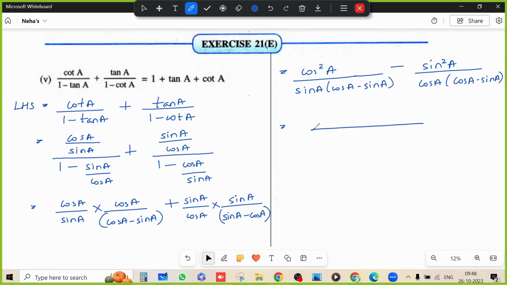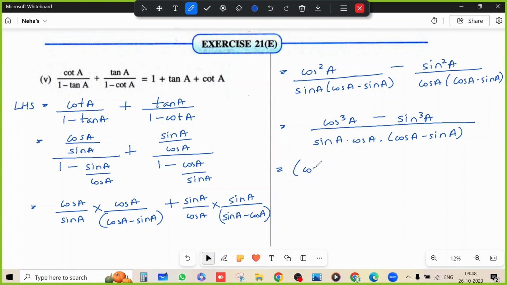Now we will find the LCM. So it will be sin A into cos A into (cos A minus sin A), and the numerator here will get multiplied with this cos A, so it will become cos cube A. Similarly, the numerator here will get multiplied with this sin A, so it will become sin cube A. Now this is A cube minus B cube, so we will apply the formula of that.